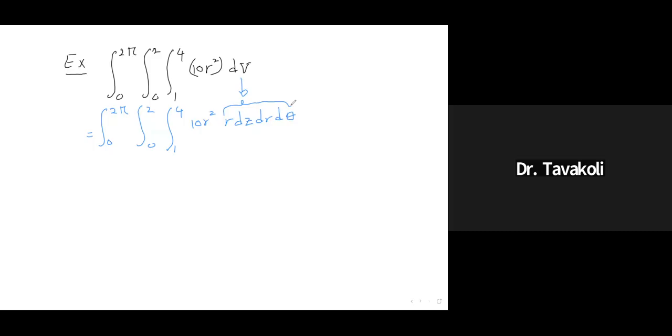So theta runs from 0 to 2 pi, r runs from 0 to 2, and z runs from 1 to 4. 10r squared times another r gives 10r cubed, right? dz dr d theta.